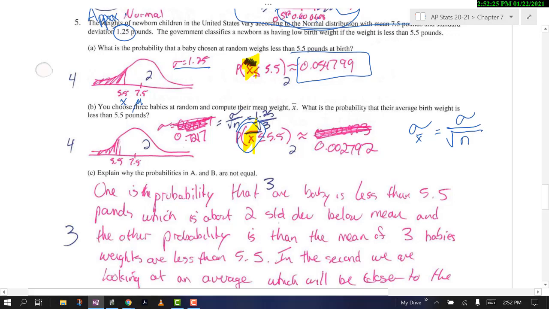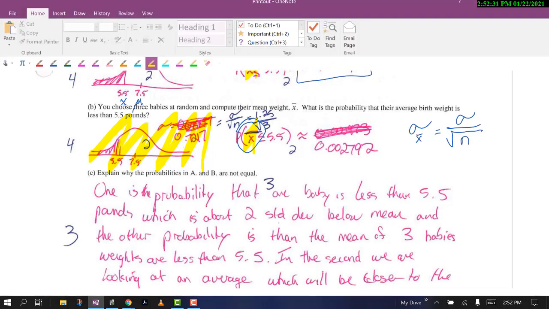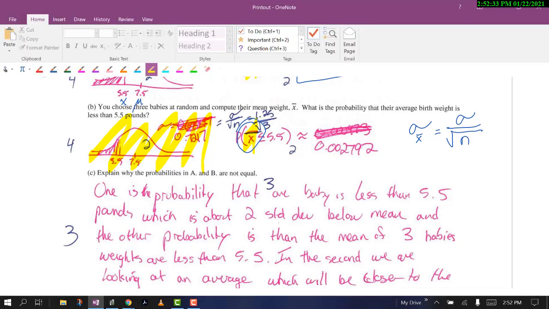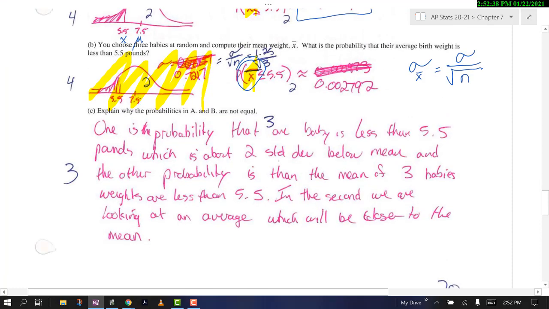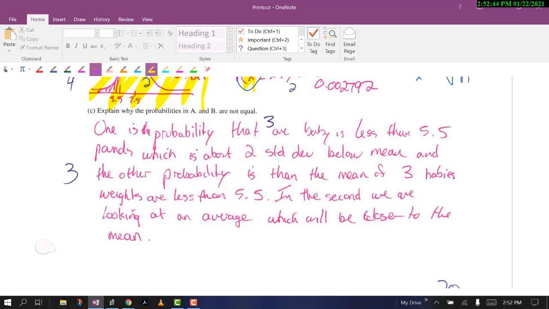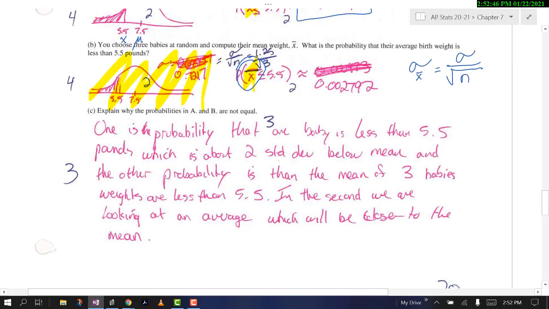We want to see the distribution like that. And then letter C. Explain why the probabilities in A and B are not equal.